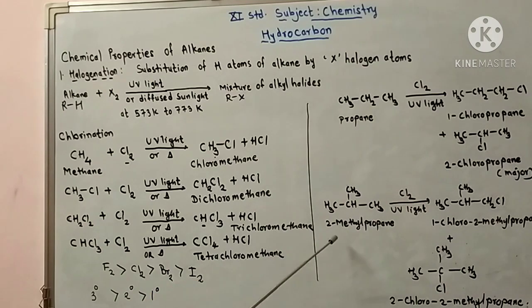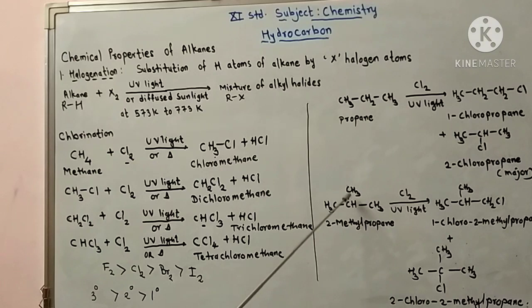Then the next example is 2-methylpropane. When it reacts with the chlorine molecule in the presence of ultraviolet light, it forms 1-chloro-2-methylpropane and 2-chloro-2-methylpropane. We get this mixture of products. Let's see the reaction.